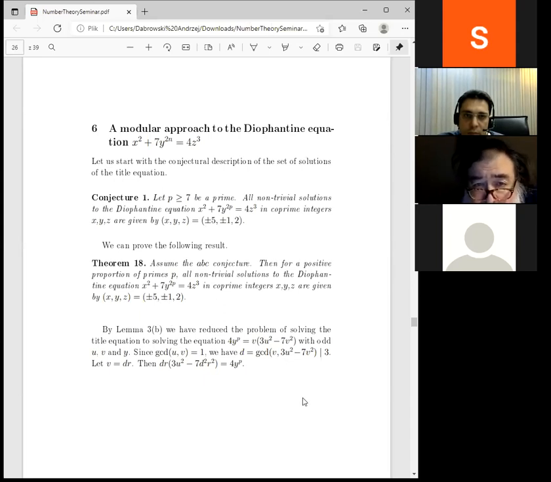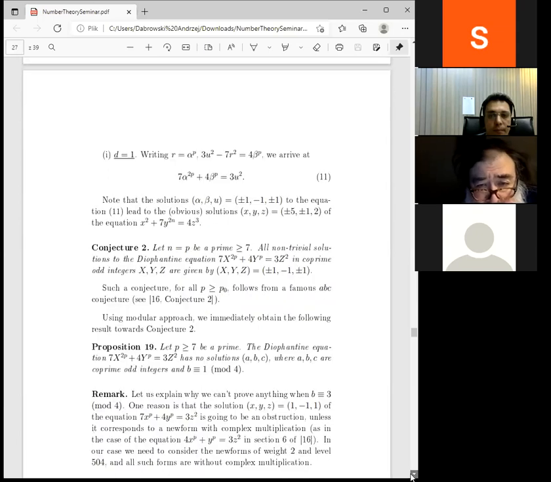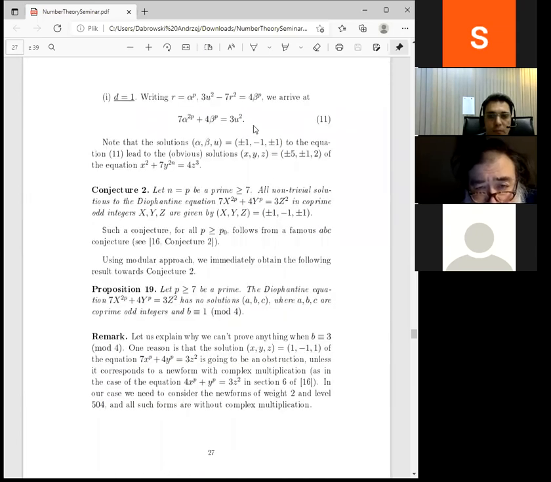Here, of course, we can start again with the lemma on the second page, part 2 of the lemma, and reduce the problem of solving the title equation to solving two different equations of signature (2, p, 3). Here is one of them. In this case, we have four obvious solutions, plus or minus 1, minus 1, plus or minus 1.